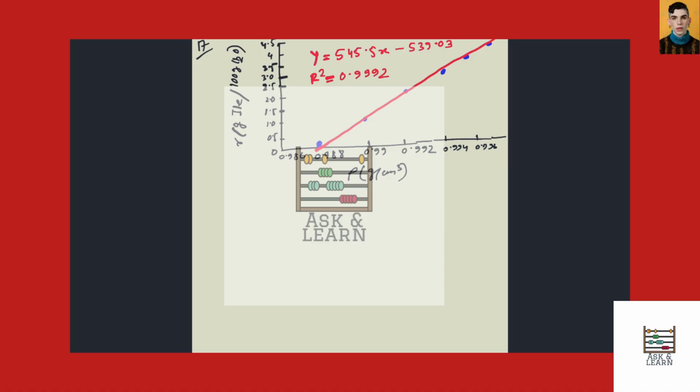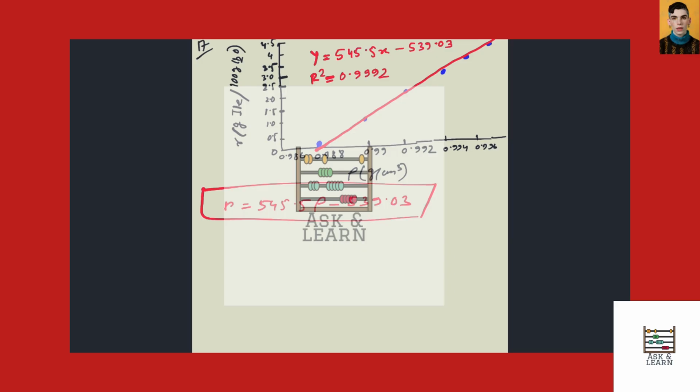Therefore the equation for this straight line plot is mass ratio r is equal to 545.5 multiplied by the density, minus 539.03.